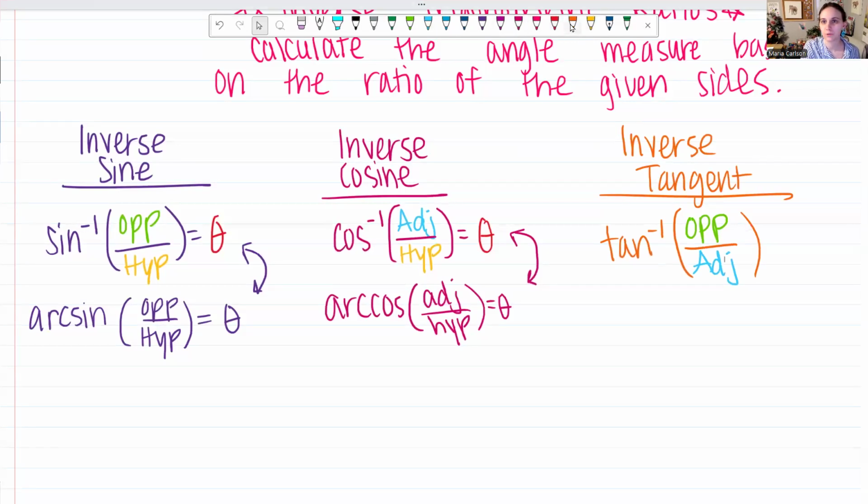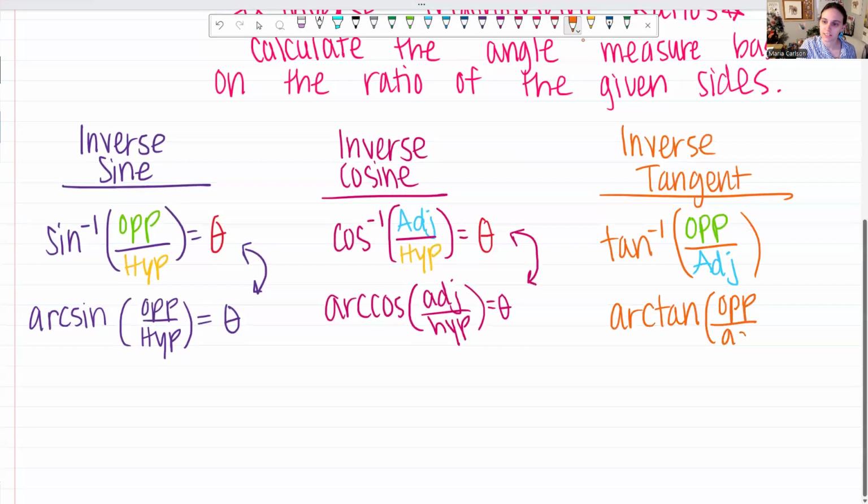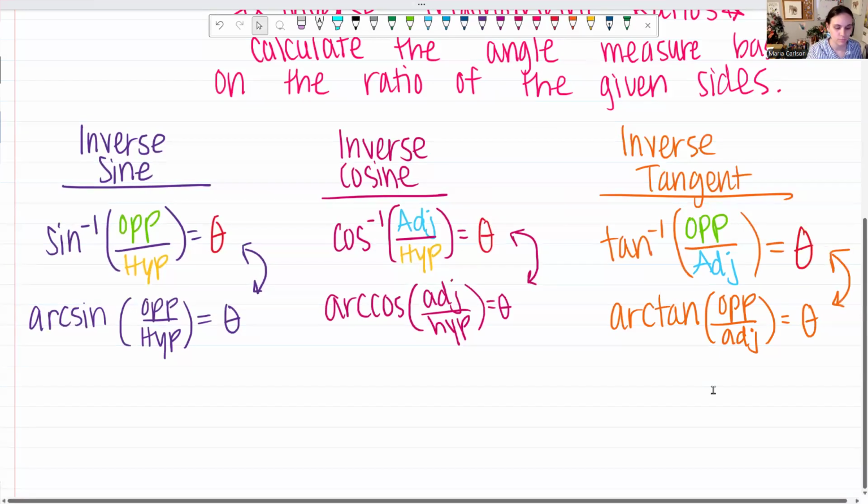As you might be able to piece together, another notation we might see is arctangent of that opposite over the adjacent side. It gives us that angle measure of theta. Either the tangent to the negative first power or arctan work.